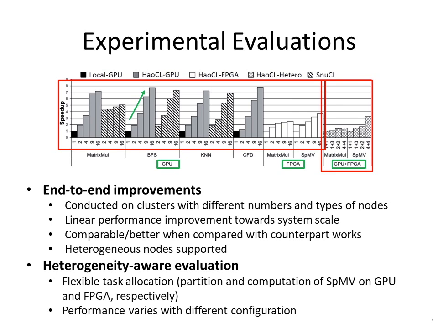Our framework can achieve a linear performance improvement compared to the single node implementation when the number of nodes scales. However, the performance of the benchmarks also depends on their computation and communication patterns.